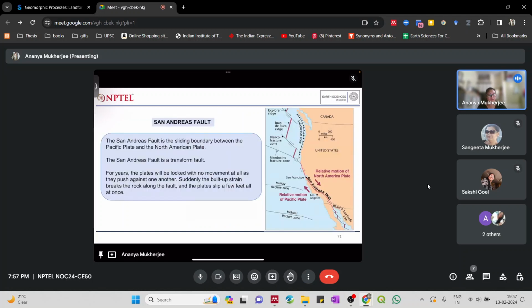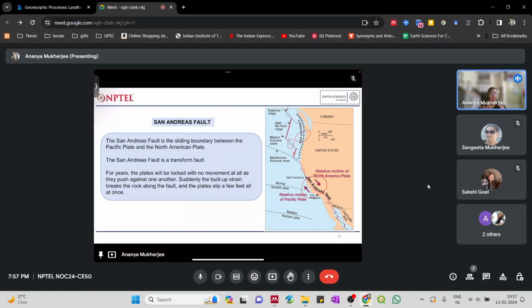So, this is a better structural diagram of how the plates are there, and how the fault or the plate boundaries are moving. You can see over here that this area is a transform, but as we go in, among the different plates that we see, this is a divergent plate boundary, then this is again a transform plate boundary, and there is a subduction zone present here.